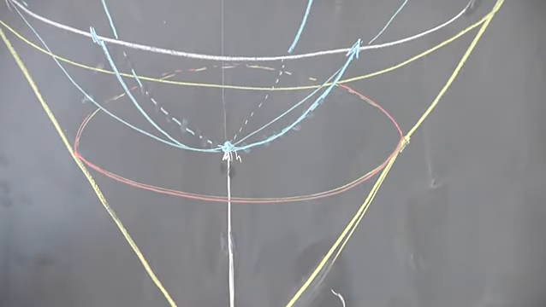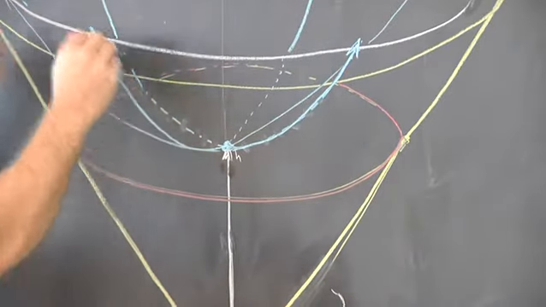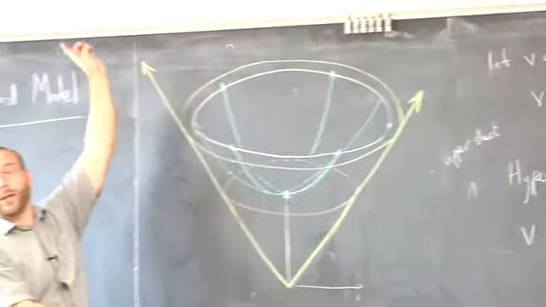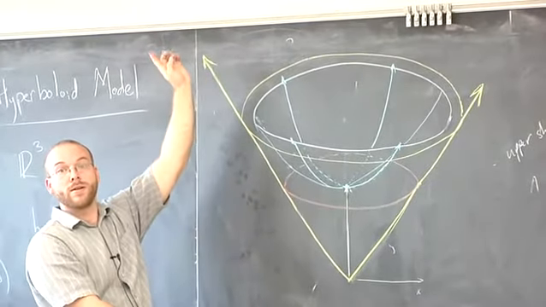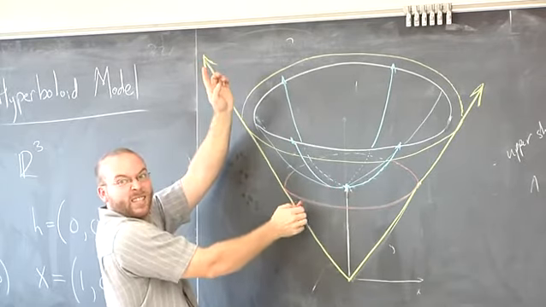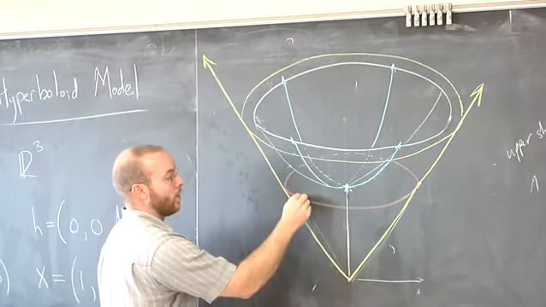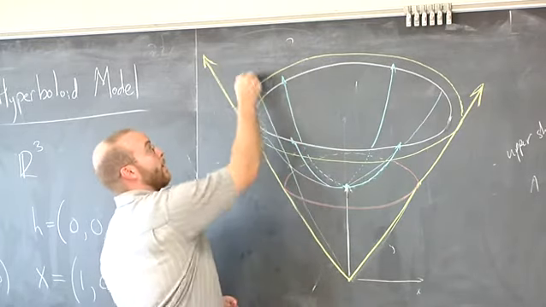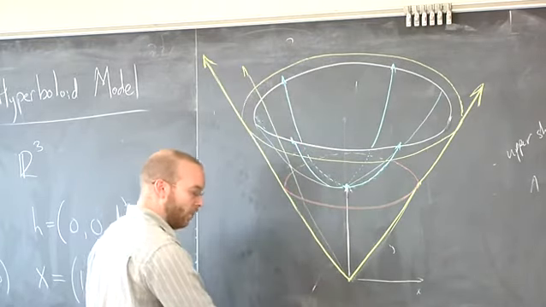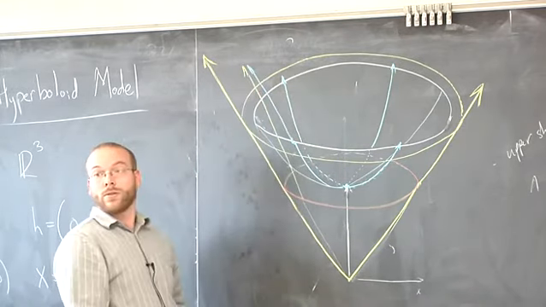Now, what happens to these blue lines? Well, see, this blue line is shooting off to an element over here in the perspective drawing, right? So if I were to project it down to this disk, there's a light-like vector, like this, that this blue vector right here goes towards, right?